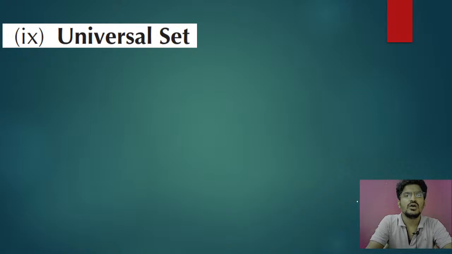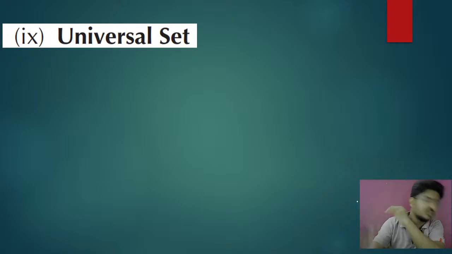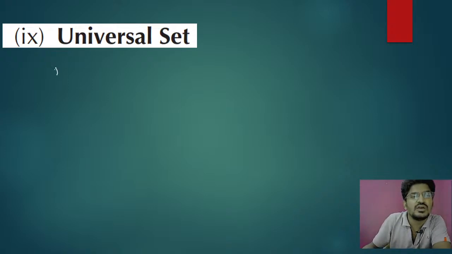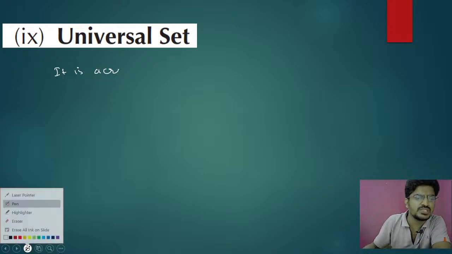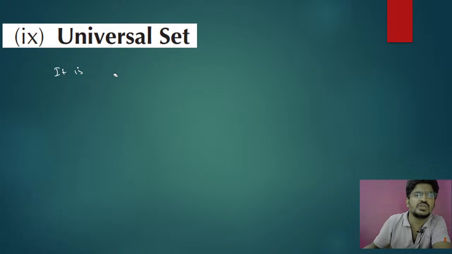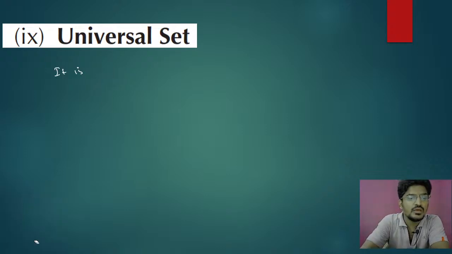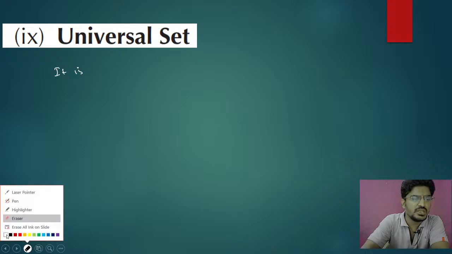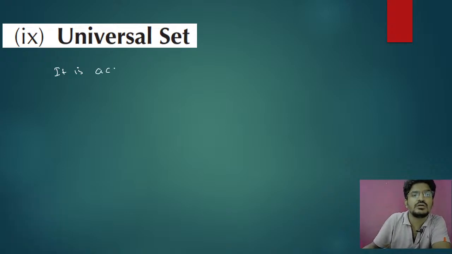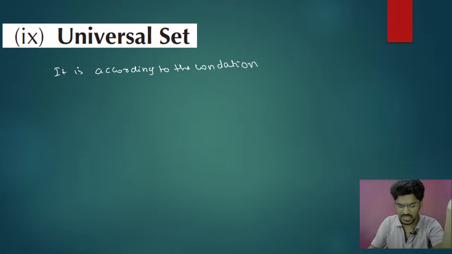Clear? Okay, universal set. See, universal set means it is according to the condition. Which type of condition? You just see. So here we say this is according to the condition. What is the condition here?